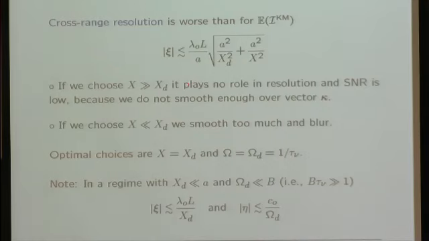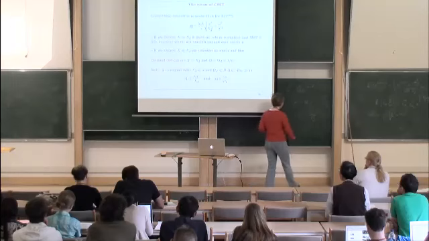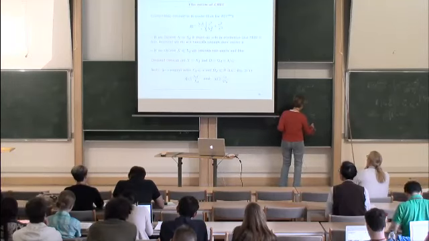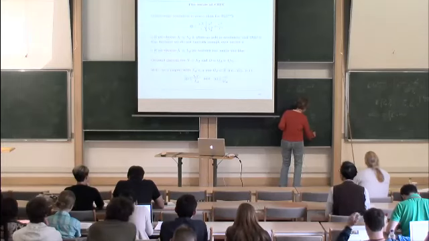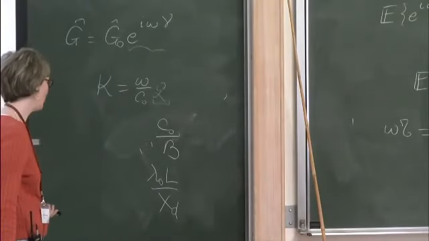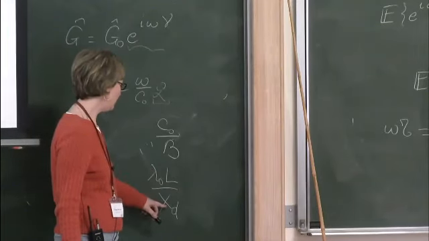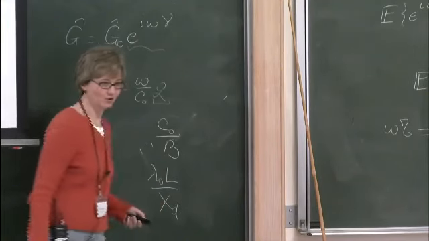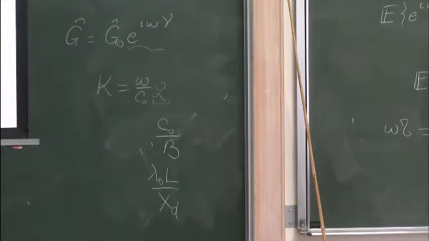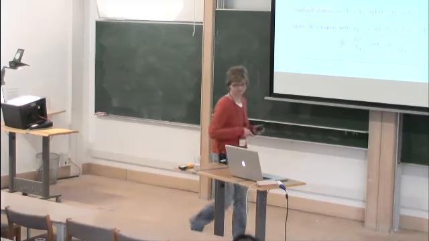So the best choice is that x is like xd, and in that case the cross-range resolution turns out to be like that. It looks almost like the homogeneous medium, except that instead of lambda 0 L over A, you have lambda 0 L over the decoherence length. Again, these formulas come from much more sophisticated models.